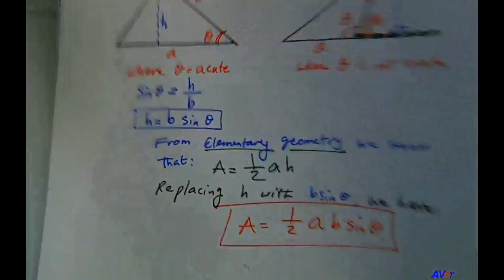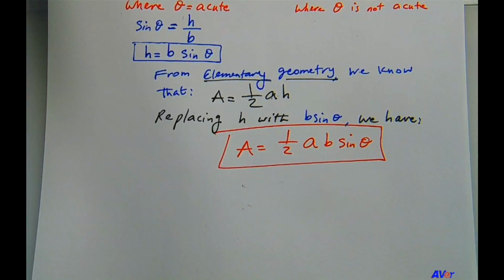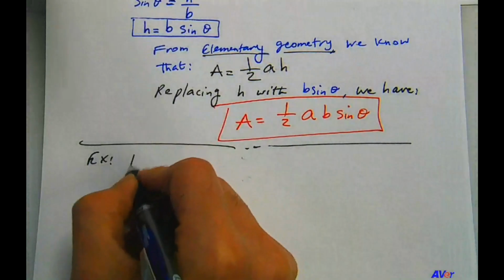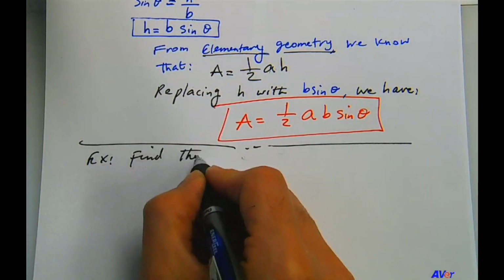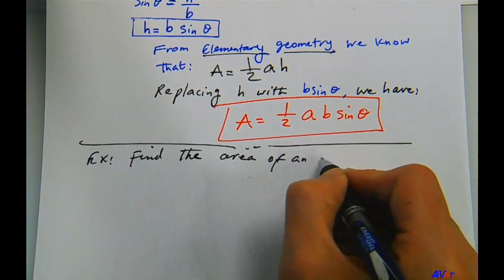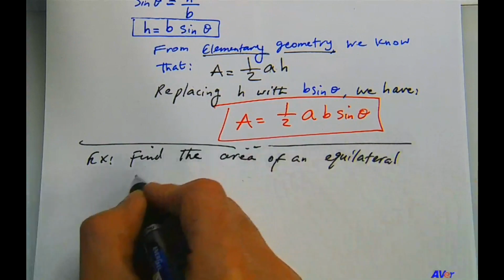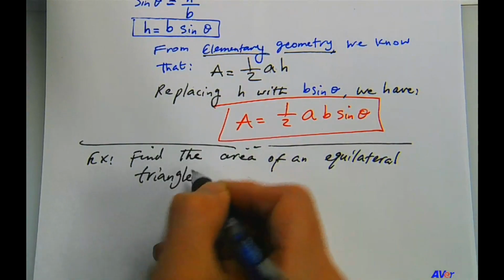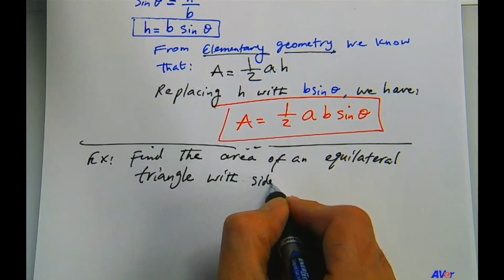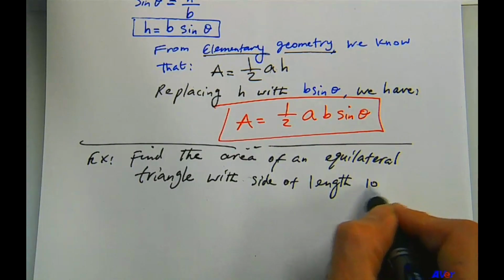So let's do an example, applying this formula. Find the area of an equilateral triangle with side of length 10.